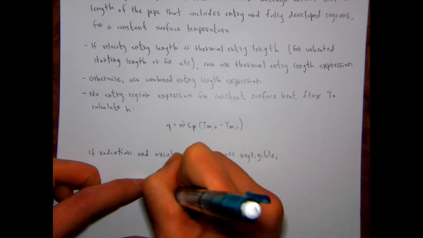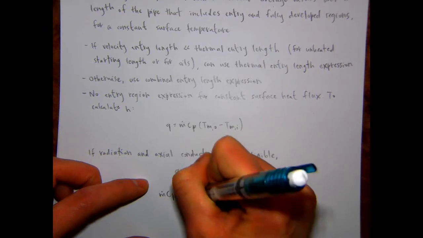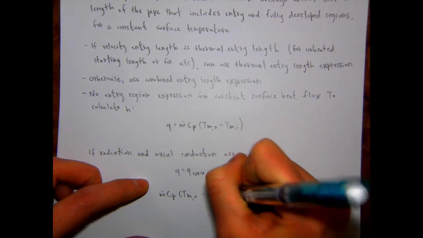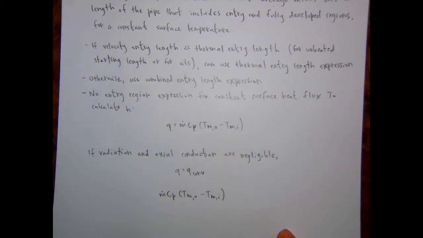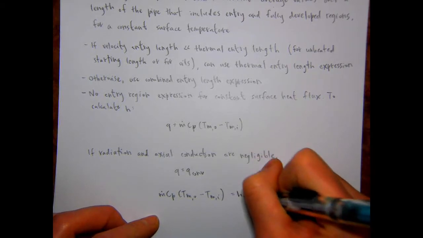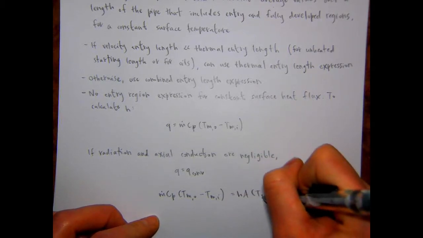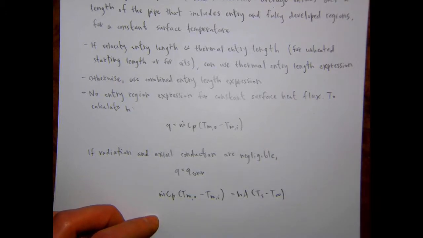And therefore, the m dot Cp times T at the outlet minus T at the inlet, this expression, is going to be equal to the convection rate equation. So if the heat transfer out is due only to convection, then this heat transfer rate is going to be equal to the convection heat transfer rate.